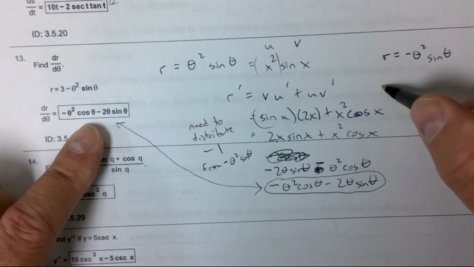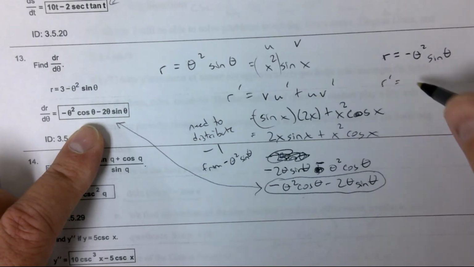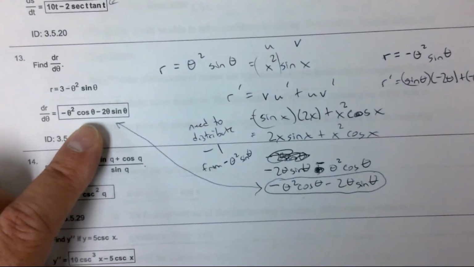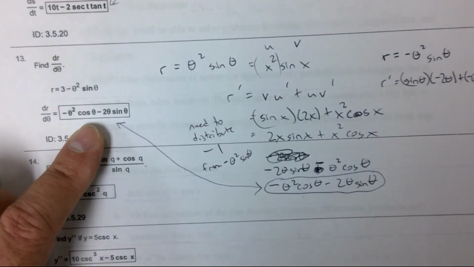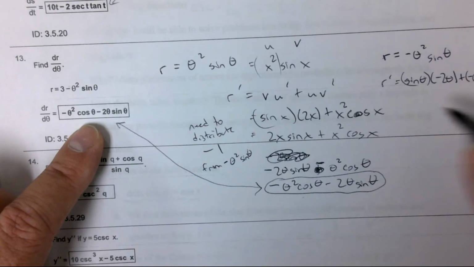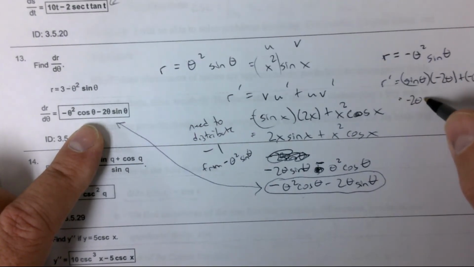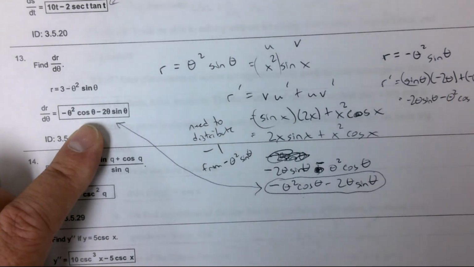And you could say r prime is sine theta times negative 2 theta plus negative theta squared times cosine theta. And that's negative 2 theta sine theta minus theta squared cosine theta.